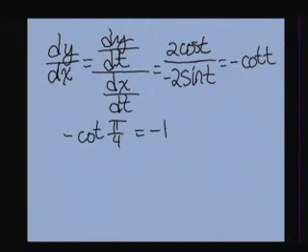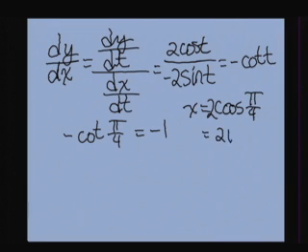So let's plug t equals pi over 4 back into the original equations, which are x equals 2 cosine pi over 4. And the cosine of pi over 4, of course, is the square root of 2 over 2. So this is 2 times the square root of 2 over 2.